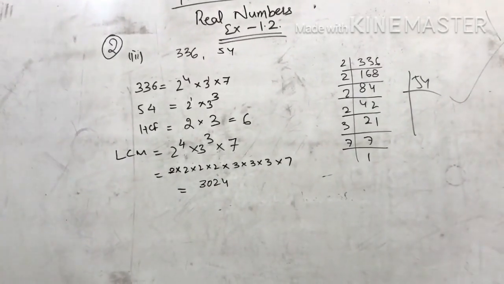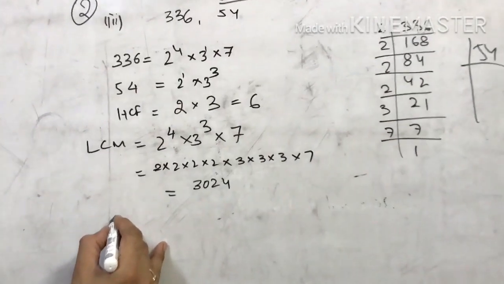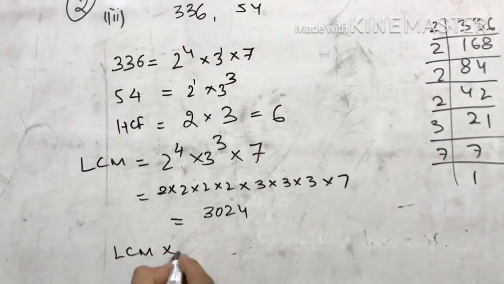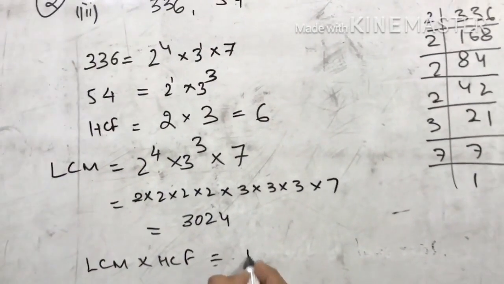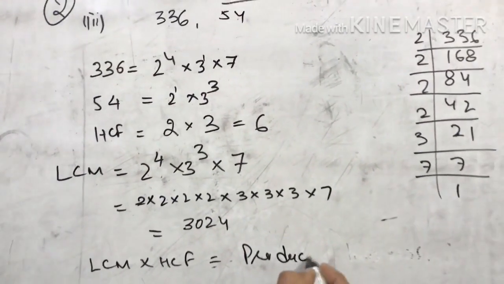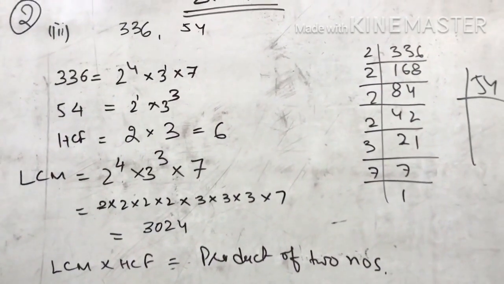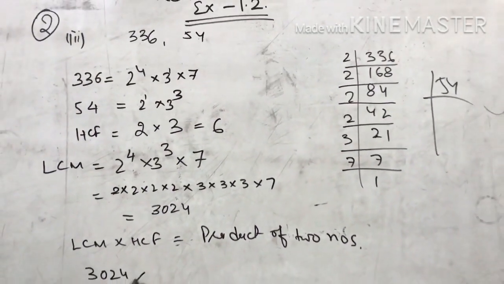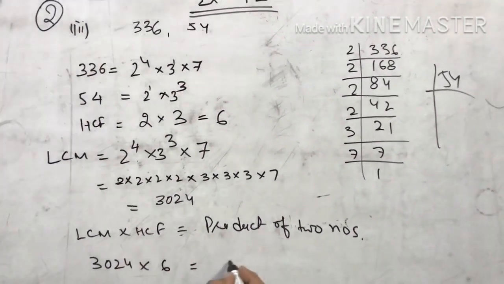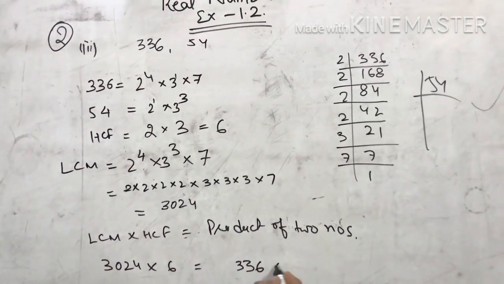Now you have to verify whether the formula is working fine or not. So LCM into HCF is equal to product of two numbers. So LCM is 3024, HCF was 6, numbers are 336 into 54.